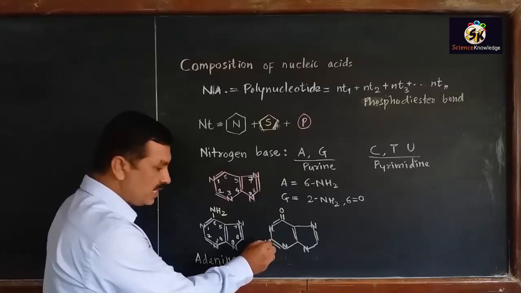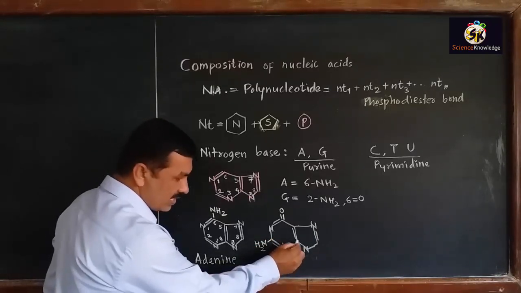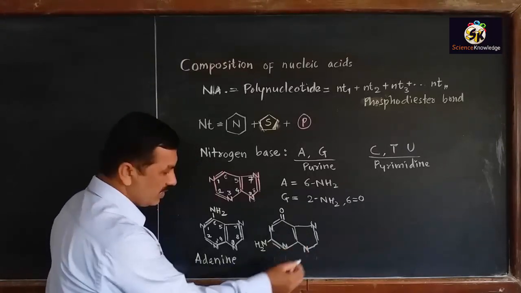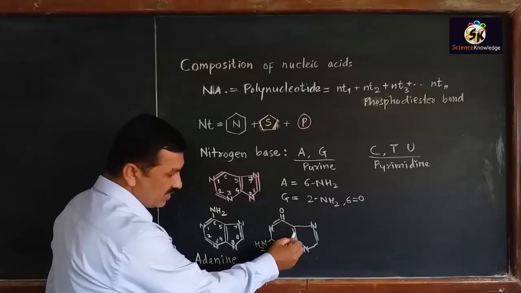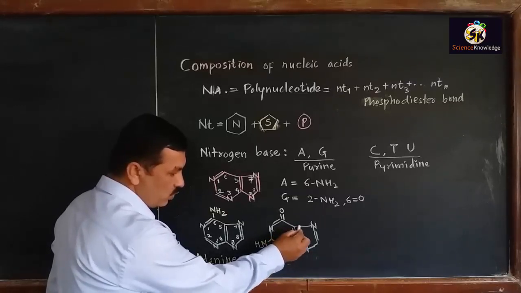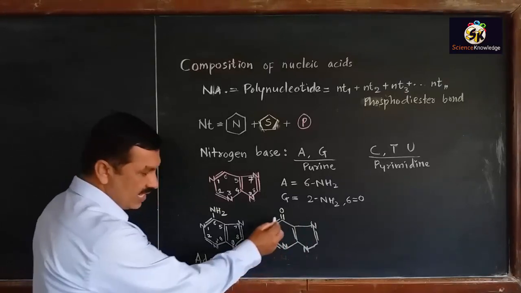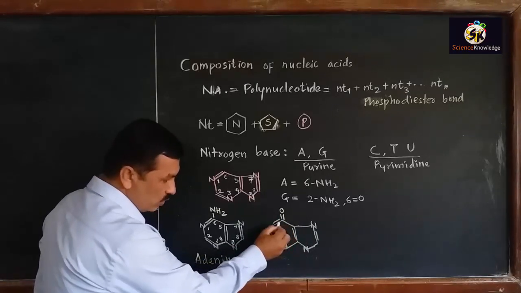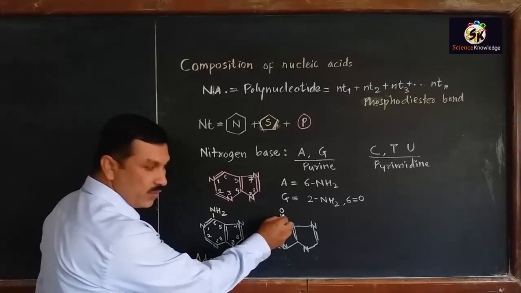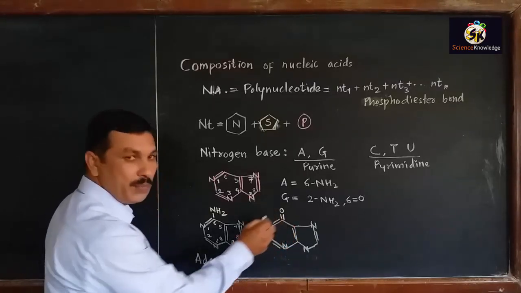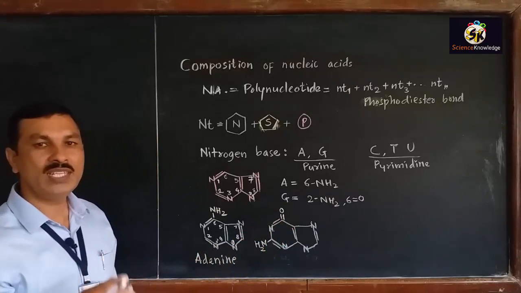So 4 bonds are present here. Then this is carbon, bonds 1, 2, 3, 4. Okay. 5th position, carbon, bonds 1, 2, 3, 4. Satisfied. 6th position, there is again carbon connected with 1, 2, 3, 4 and 5. So here there is one additional bond.